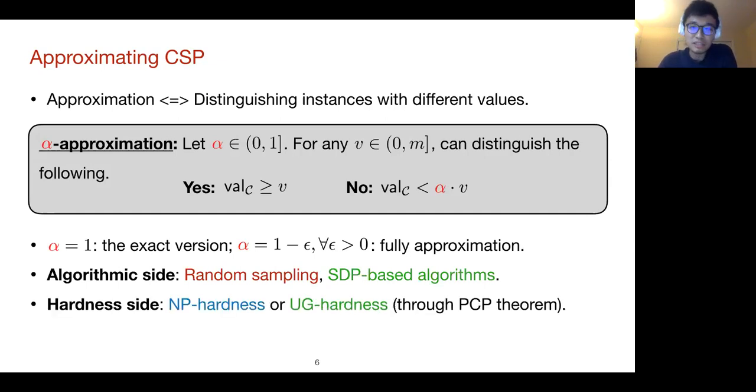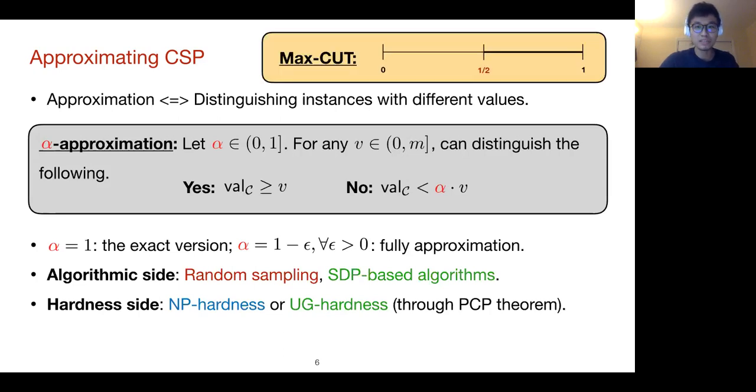And on the hardness side, in the polynomial time region, people can sometimes give some NP hardness, but usually not tight. And one of the very interesting sub-areas here is the unique game conjecture. So under the assumption that the unique game problem is hard, it turns out that people can show lots of problems have a tight approximation ratio under this assumption.